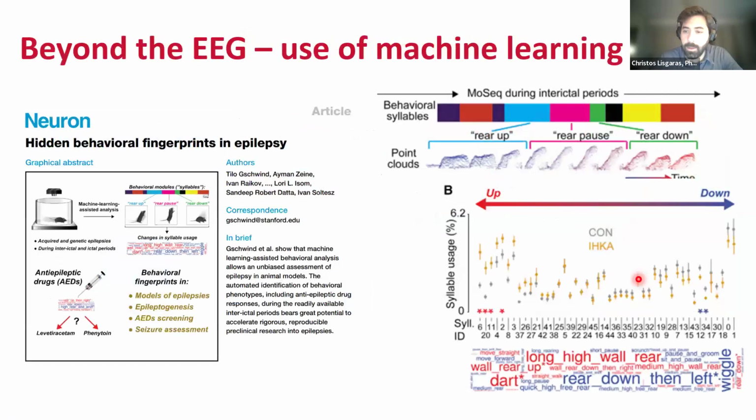So I also wanted to discuss that in all the previous slides I was talking about the EEG and how important it is to look at seizures and epileptiform activities, and to use it as a method to improve memory. But there are other approaches, like video recordings, that you can mine and ask whether there are any hidden patterns that we have missed in the behavior of the animals that can tell us whether they have a response to the drug, whether they are going to become epileptic.